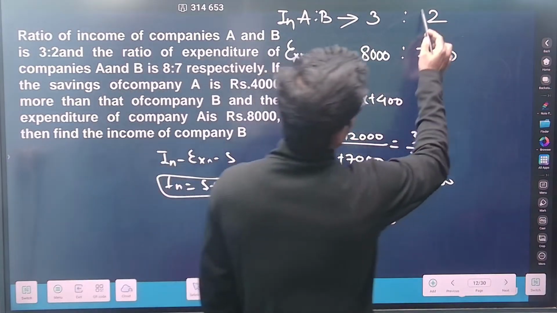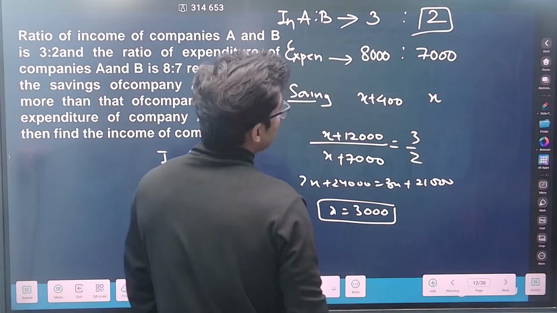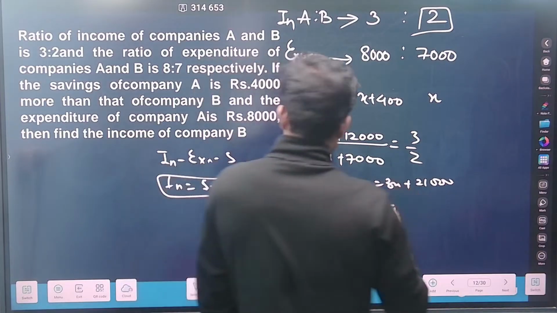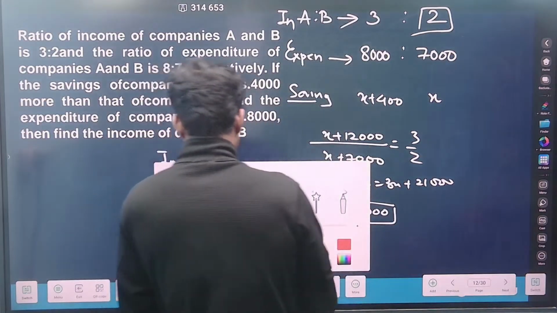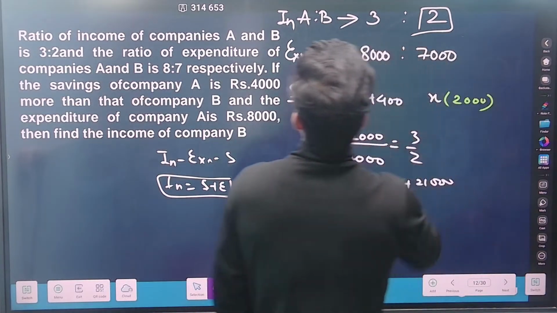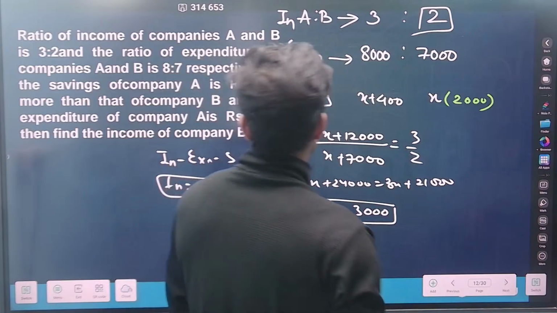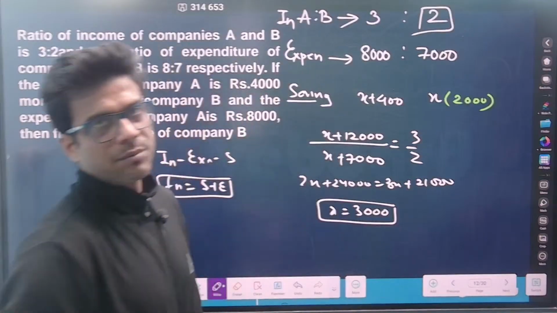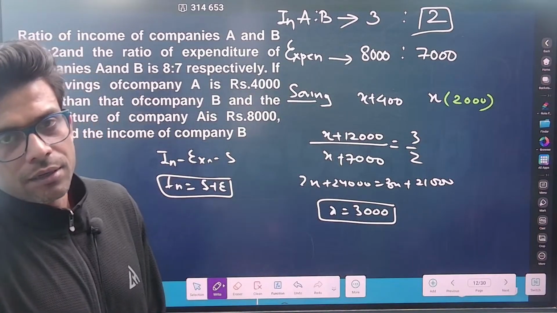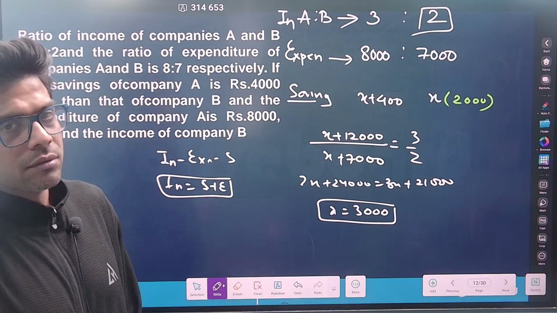They're asking to find the income of company B. B is basically 2. Income is saving plus expenditure, right? I hope you are getting my point.